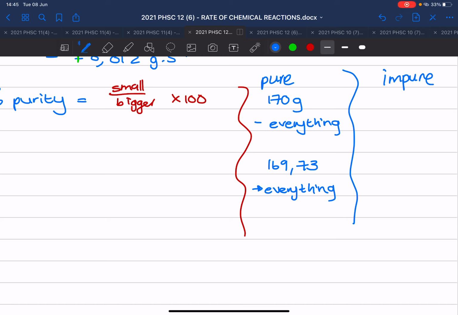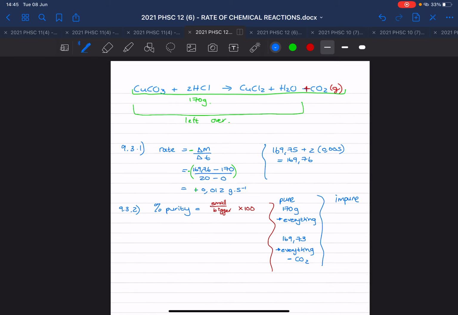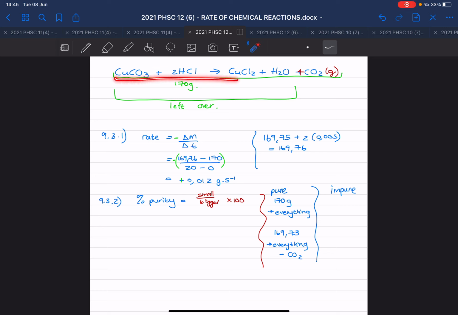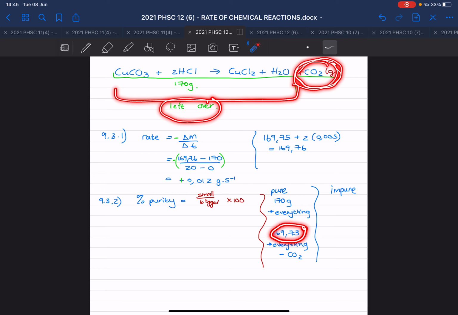That is everything minus carbon dioxide, because at the beginning that was the mass, and then the carbon dioxide was released into the atmosphere. So what we have left over is everything minus the carbon dioxide.